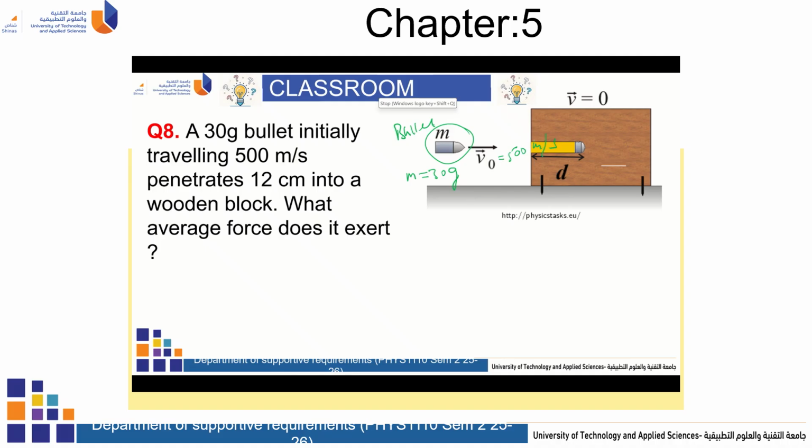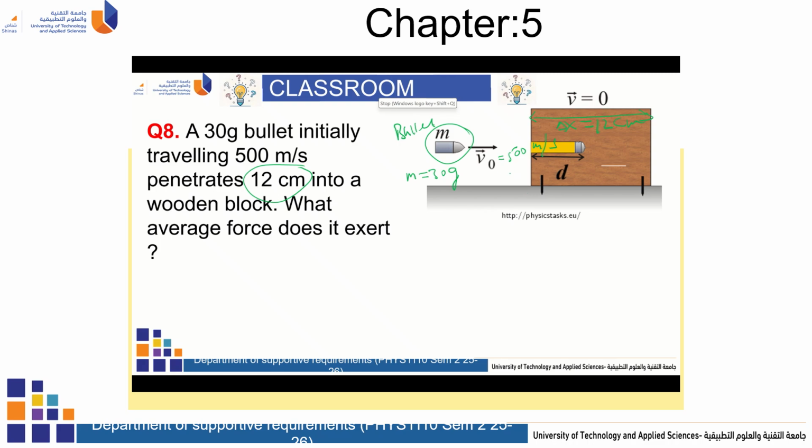per second, and this bullet penetrates a wooden block 12 centimeters. So from here to here, this is the displacement, according to our formulas, our parameters. This 12 centimeter is the displacement.